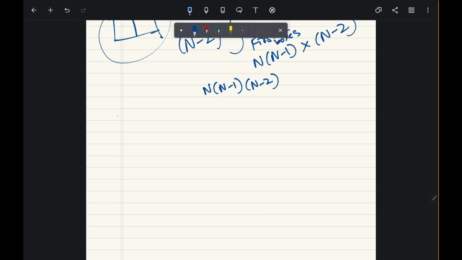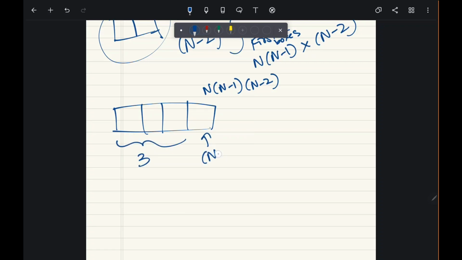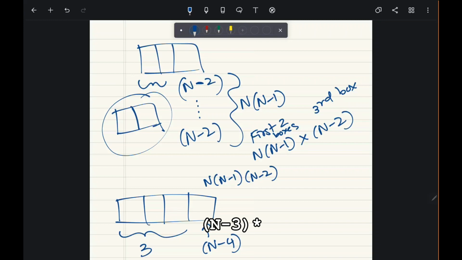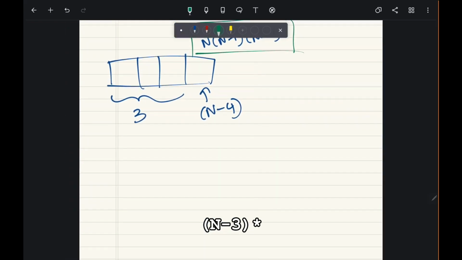So let's say I had four boxes, right? I basically have to put three numbers here, and that leaves me with choices for the last box. And from this you can see that for three numbers I have these many total possible arrangements out of n.